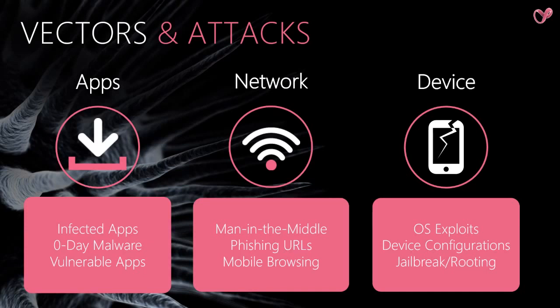We are just allowing everything. So it leads to lots of vulnerabilities in your mobile, and these can be exploited by hackers in many ways. So we need to control these three major vectors.